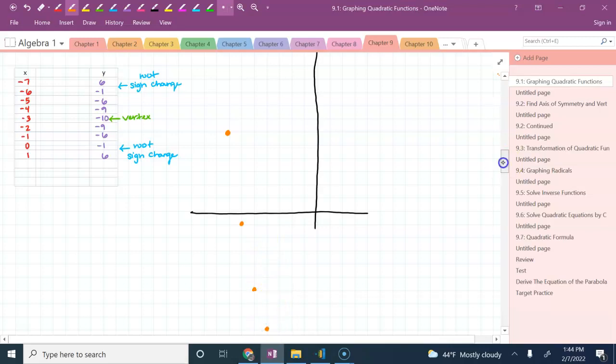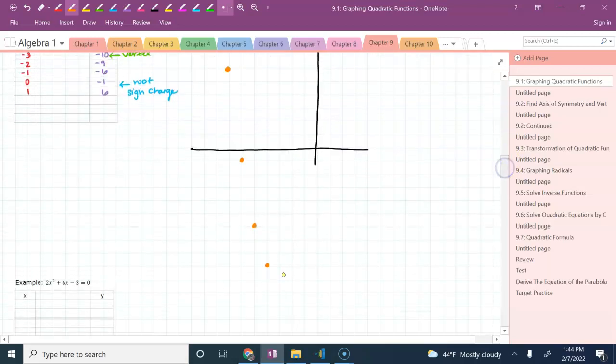Okay, I've got one more down here. This is your vertex point. Then those points should start to reflect.